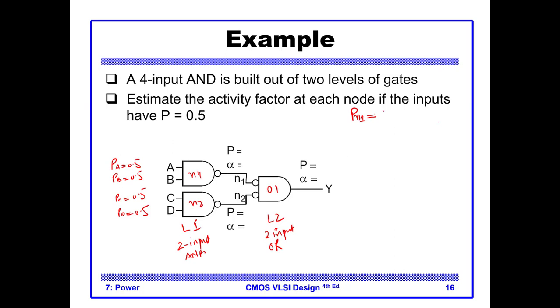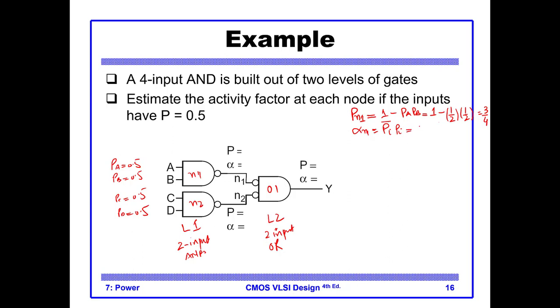So it will give us 1 minus 1 by 2 into 1 by 2, which is 3 by 4. What is alpha N1? It is Pi bar Pi.